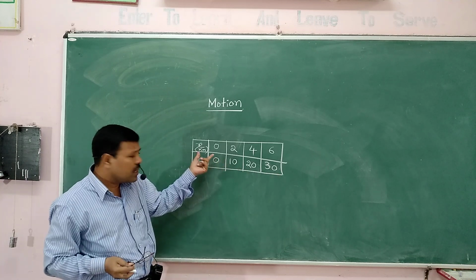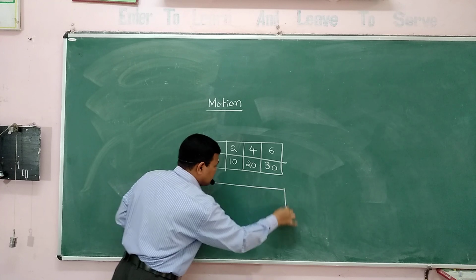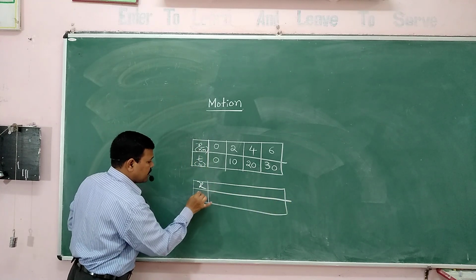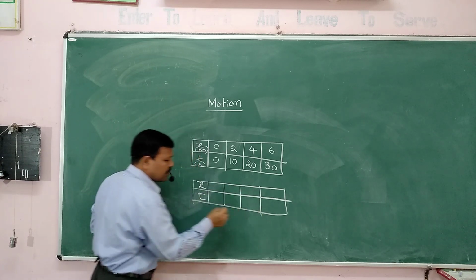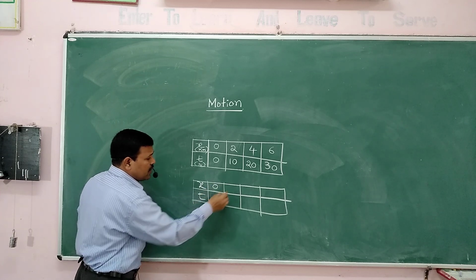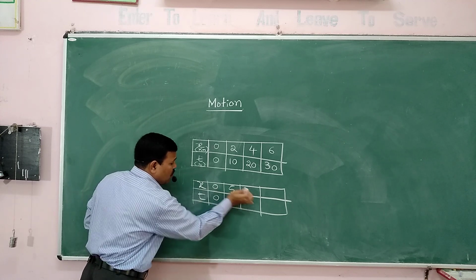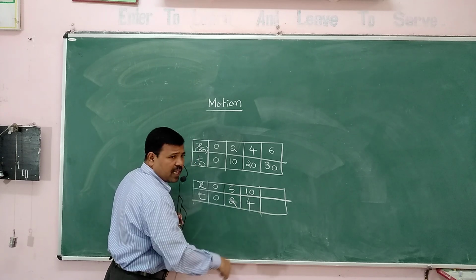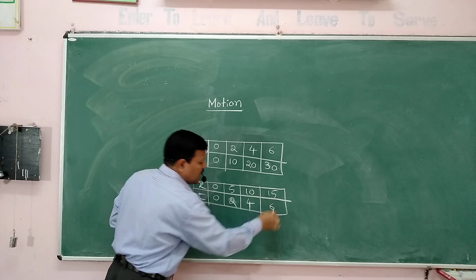Or in other words, an object has covered, in terms of meters, 0 meter in 0 second, 5 meters in 2 seconds, 10 meters in 4 seconds, 15 meters in 6 seconds.